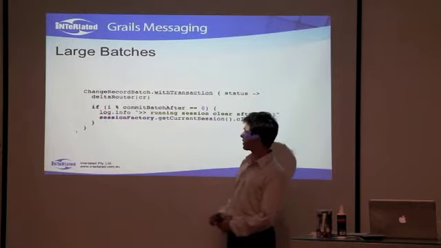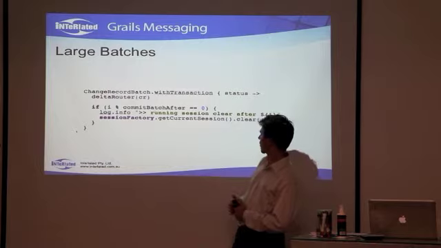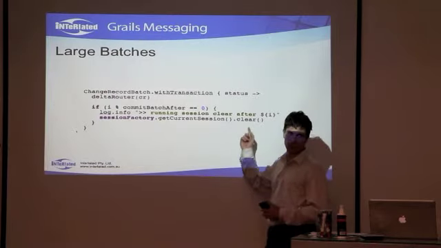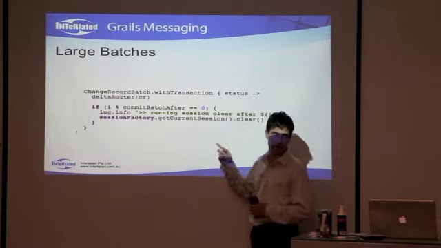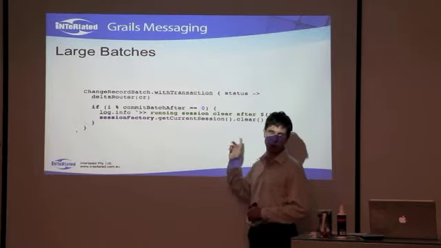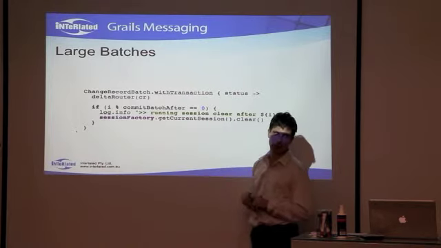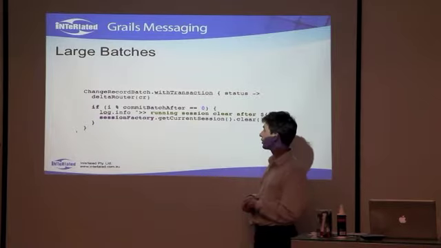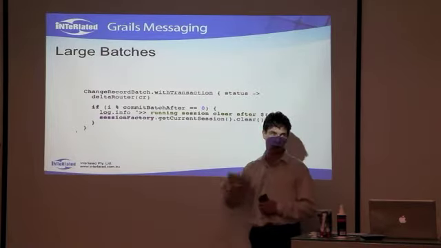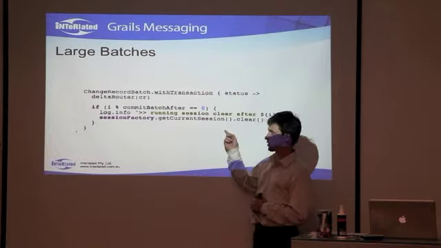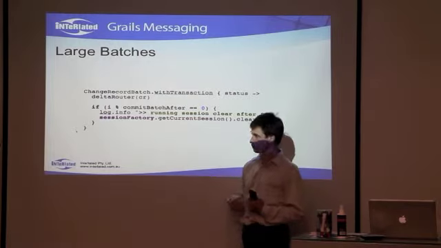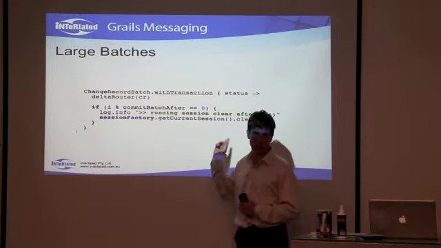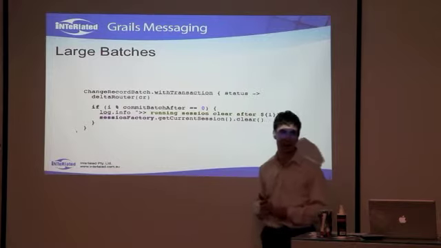The way to manage that is to put it in transactions and then clear the Grails Hibernate session every N. Seen this trick before? It's a little bit popular, but it's a trap. If you try to do a lot of stuff in Grails, whether it's batch processing or reading stuff off a file and creating objects, Hibernate doesn't commit it until you either clear it or it goes out of the transaction. So you can run out of memory, and that's one of the ways to beat that, right?